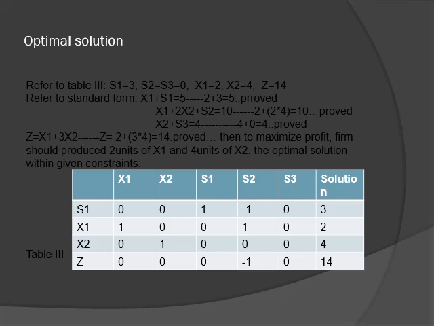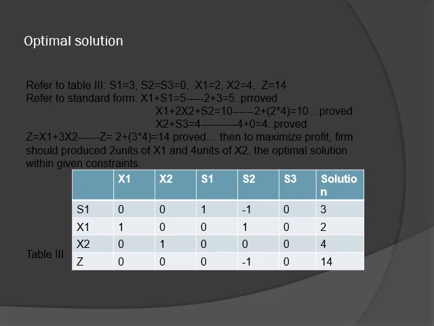The next constraint, x1 plus 2x2 plus s2 equals 10. s2 equals 0, x1 equals 2, x2 equals 4, and 2 times 4 equals 8, so the total is 10, proved. x2 plus s3 equals 4: 4 plus 0 equals 4, proved.